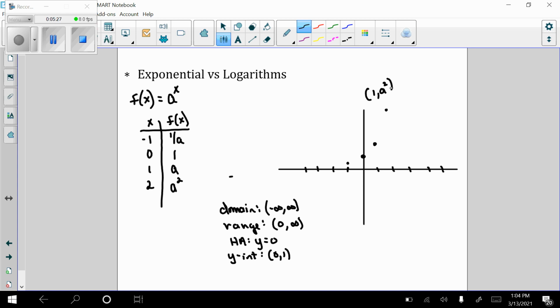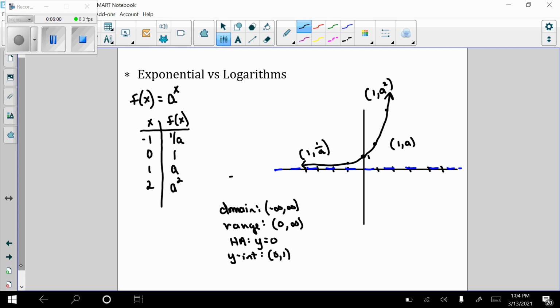So this point right here is 1, a. This is sitting here at 0, 1. This point right here is negative 1 and 1 over a. I have a horizontal asymptote at y equals 0. And that exponential graph for exponential growth, parent function looks just like that.